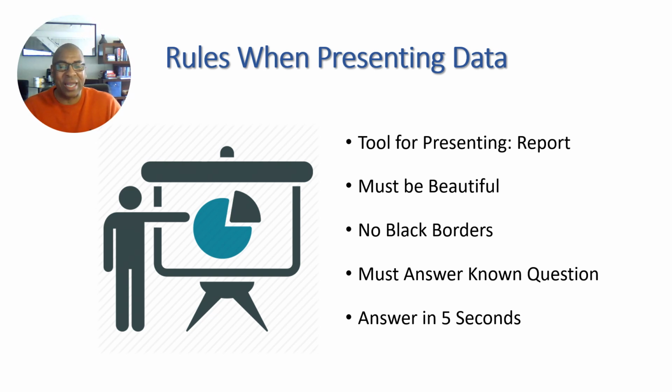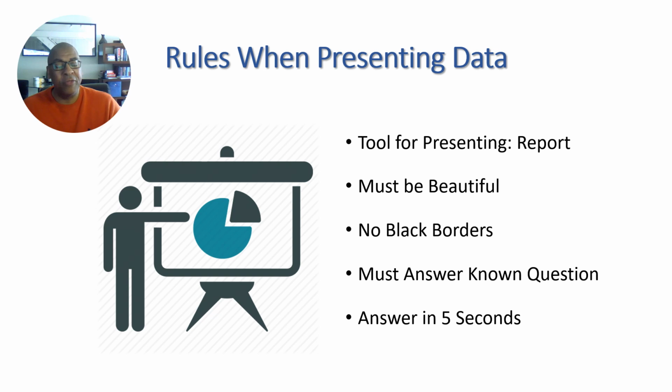The brain does not like to see black borders, and it doesn't like to process it. So I always recommend that you use the Excel rule. Look at the columns and the color of the borders in Excel, and never have borders darker than Excel. If Excel doesn't do it, you shouldn't do it either, okay? Now, I know that Excel by default gives you black borders, but you're gonna change that, all right?